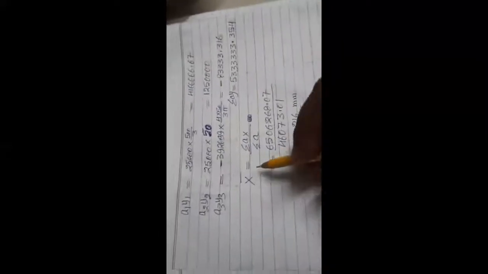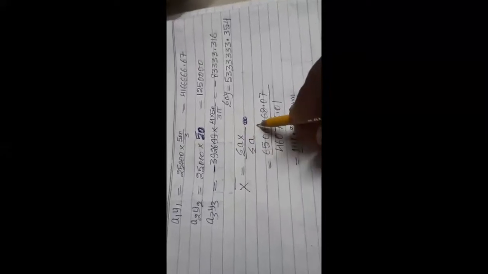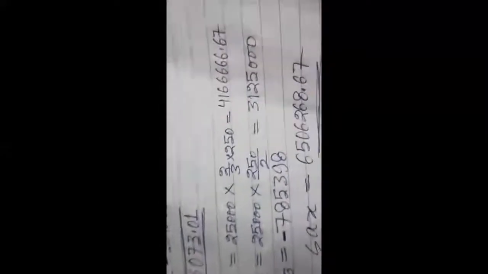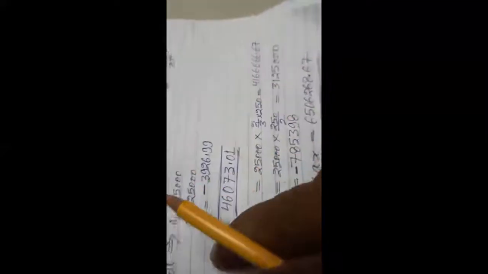Now x bar is equal to summation AX upon summation A. So summation AX is 6,506,268.67, and summation A is 46,073.01. On dividing, this will be the x bar. Similarly, y bar is summation AY upon summation A. So summation AY is this one divided by this summation A, and y bar will be this one.